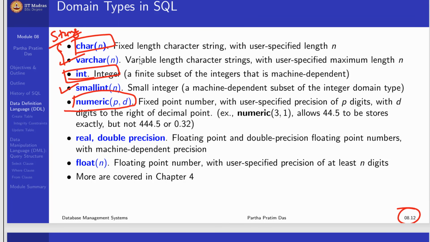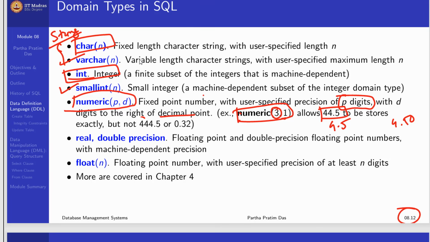For example, when I say numeric(3,1), it means I can insert a value having a total of 3 digits, but after the decimal point only 1 digit is allowed. Here you can see a fixed point number with user-specified precision of p digits in total, with d digits to the right of the decimal point. So with numeric(3,1), I can insert 44.5, and I can also insert 4.5, but I cannot insert 4.50 because it will violate this constraint, p comma d.